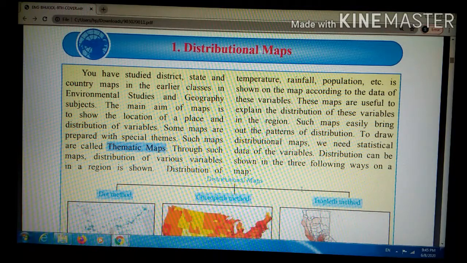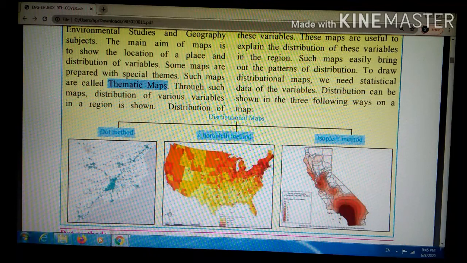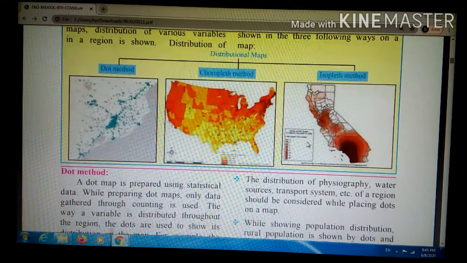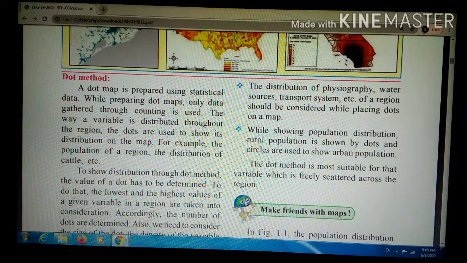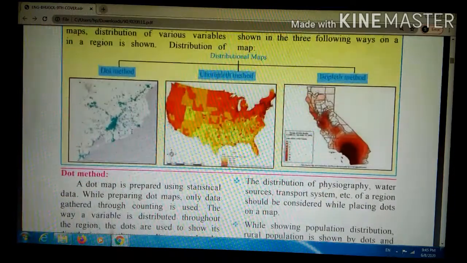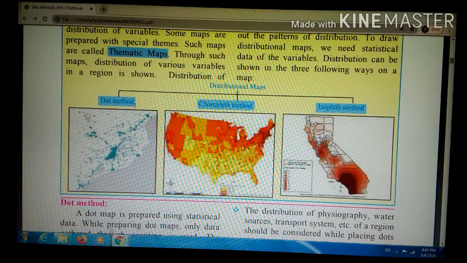If you have not seen the first part, please go through my last video. In that I have taught up to distributional maps. There are 3 types of distributional maps. I have just mentioned the names. Now let's begin with the first type, that is the dot method.